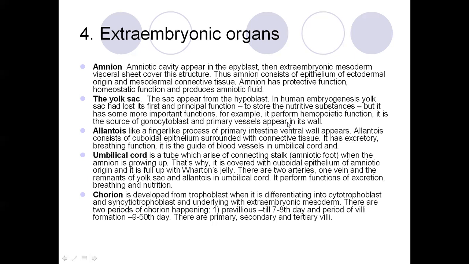The wall of the yolk sac consists of endodermal epithelium and mesodermal connective tissue. Exactly, endodermal epithelium produces gonocytoblasts. These are primary reproductive cells needed for development of the reproductive system.